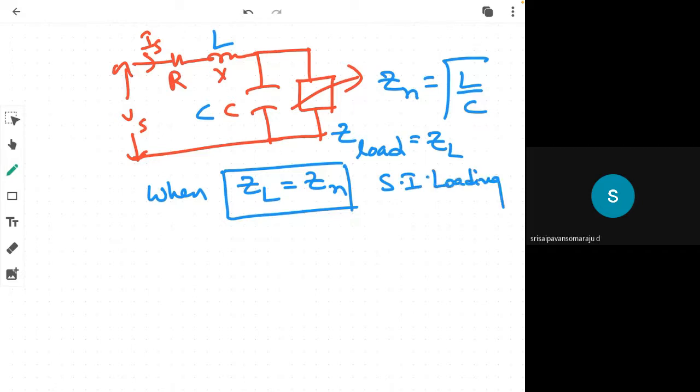Surge impedance loading is very important. When the load corresponds to surge impedance loading, this is said to be natural loading.